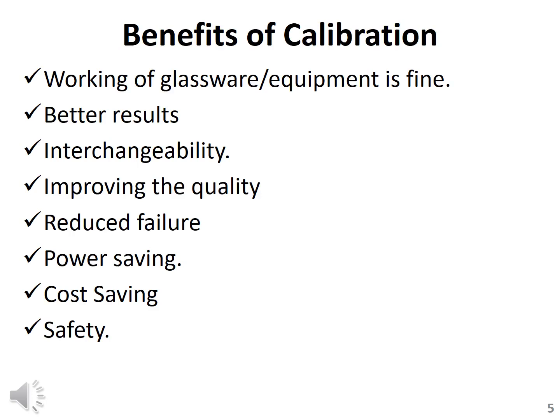Definitely, if you are saving the energy, then you are going to save the cost of over expenditure. And if you are using calibrated equipment and glassware, then you are ensuring the safety of the plant and the safety of the labor working in those premises.